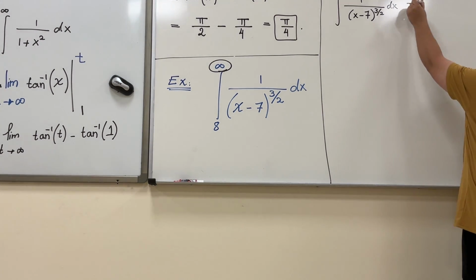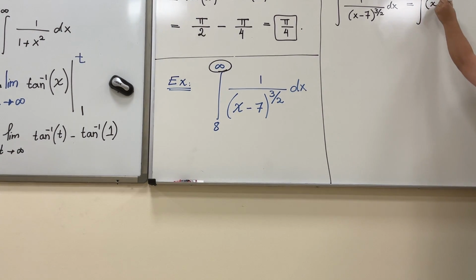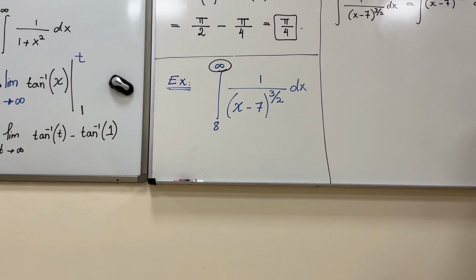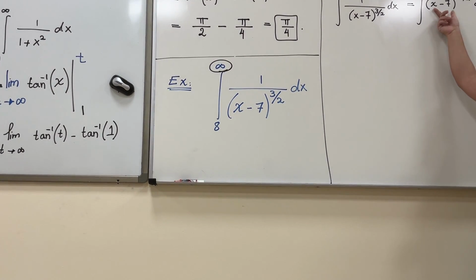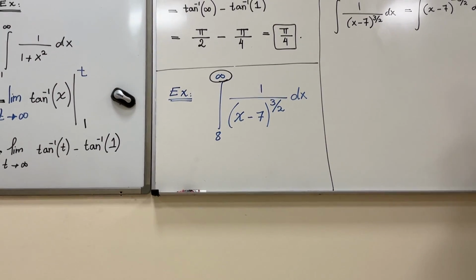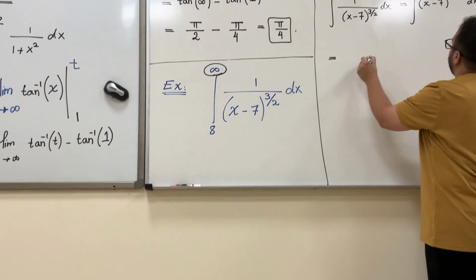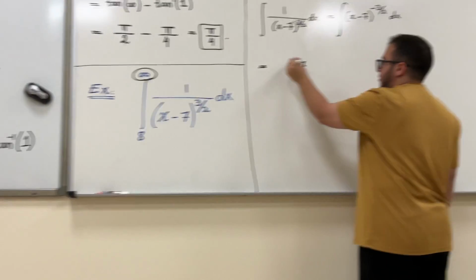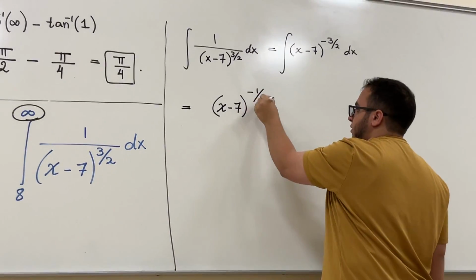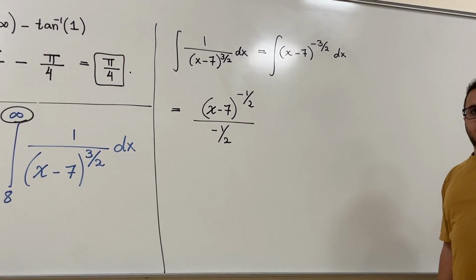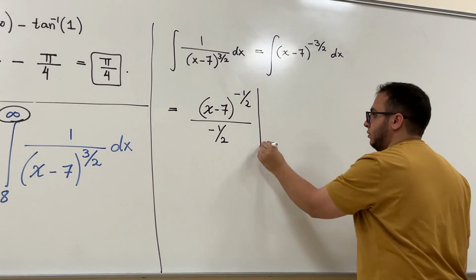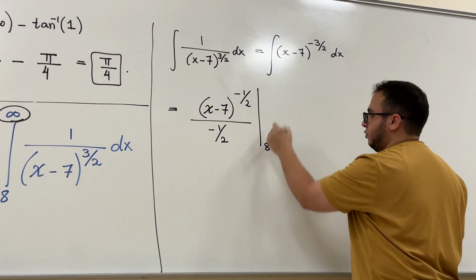How do you do that? x minus 7 to the negative 3 over 2, dx. I'm allowed to do the power rule here, why? Because it's a linear function. If it's not linear, I cannot. So now, how do I integrate? Add 1 and divide by the new power, right? From where to where? From a to t.